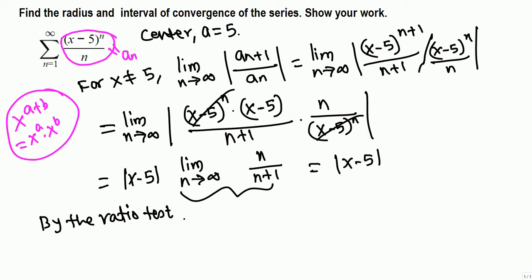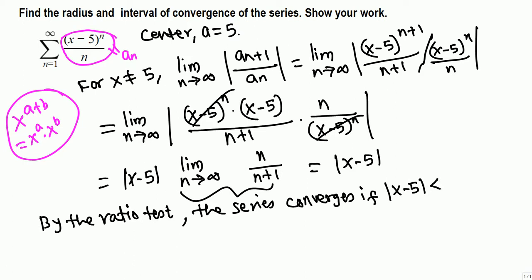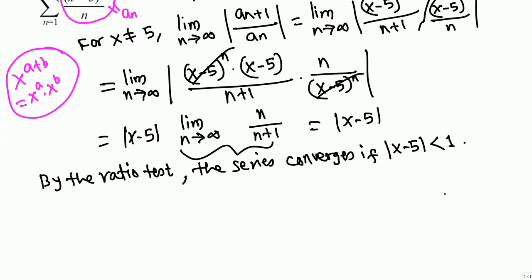By the ratio test, the given power series converges when absolute value of x minus 5 is less than 1, and diverges when it is bigger than 1. That's why 1 is the radius of convergence.